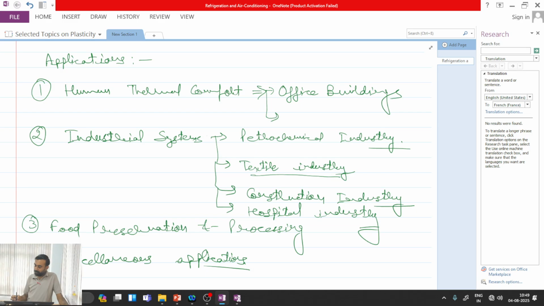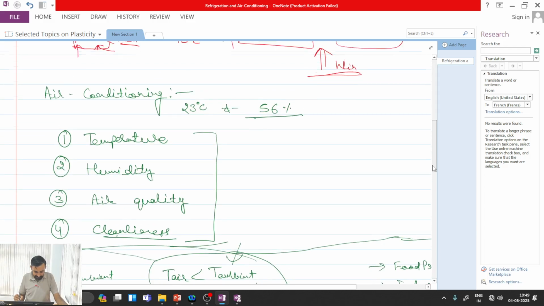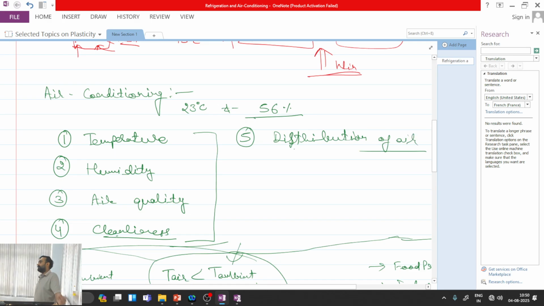Maybe one another, with this I recall one important point. Refrigeration can also be clubbed together with another important term, cryogenics. But before that, let me also include one more part in air conditioning, which is distribution of air. So distribution of air also comes in air conditioning.